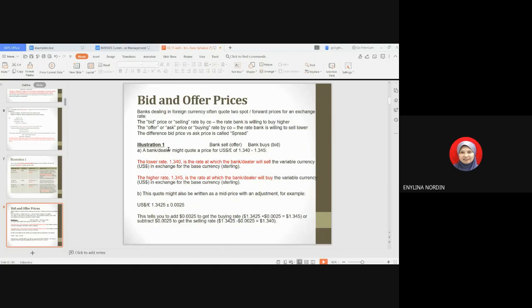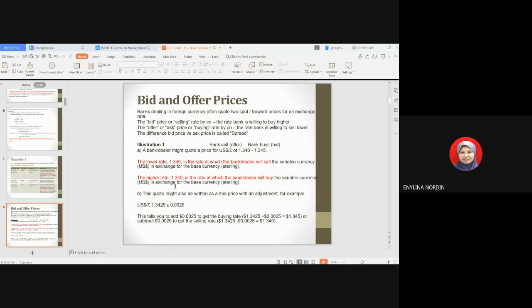Here is a simple example: the US dollar against the pound. The spread, or the exchange rate, for 1 pound is between $1.34 and $1.345. The question is at what rate the bank will buy and at what rate the bank will sell.